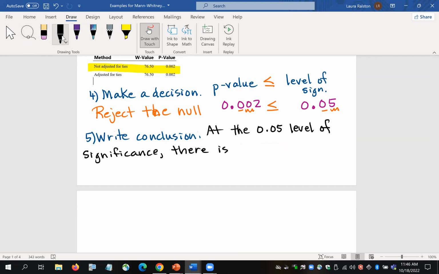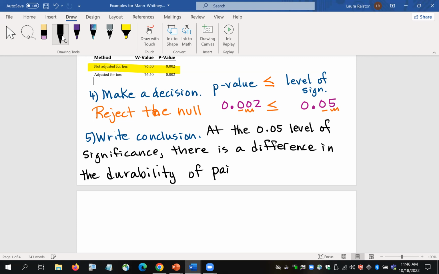There is a difference in the durability of paint brand A and paint brand B. Okay.